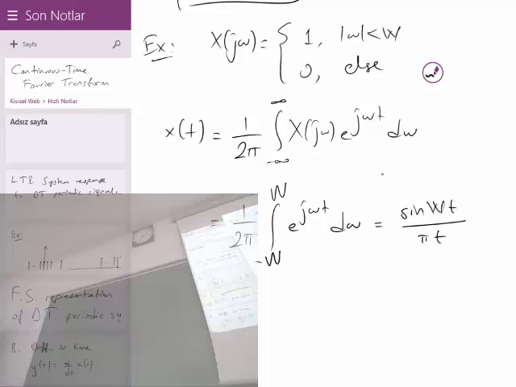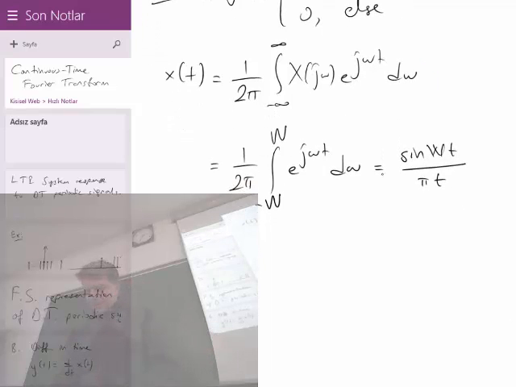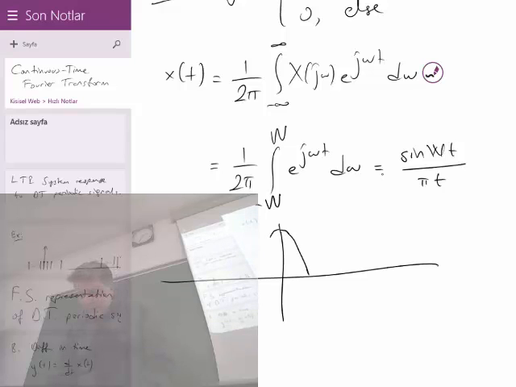Just forget about this. Wt over pi t. What's the value of that at t is equal to 0? T is cancelled. It's w over pi. Simple. So the shape is, the peak is w over pi.